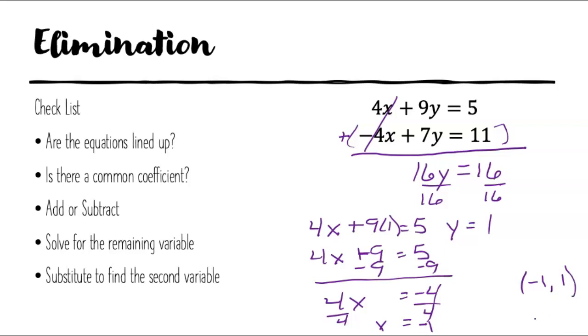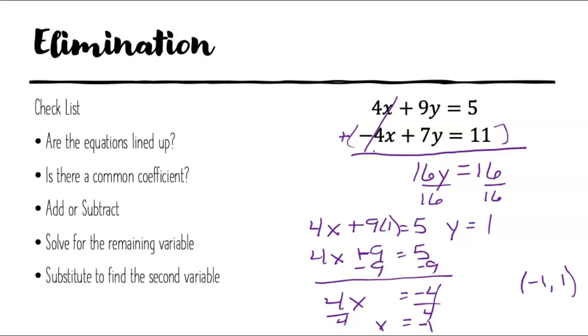So take a deep breath, pause, and make sure you are thinking all the way through. Make sure you're writing everything out. The second part of this is, remember, as mathematicians, you can always check your work. I could plug this coordinate back into both of these and make them true. So negative 1 times 4 would be negative 4, plus 9 times positive 1 is 9. Negative 4 and 9, yes, that equals 5.